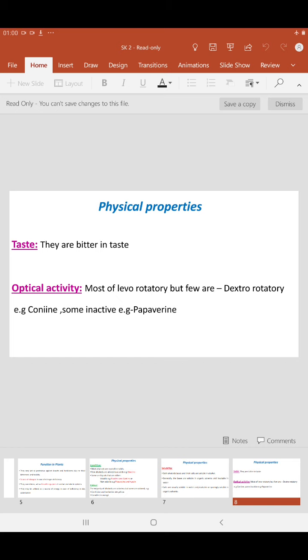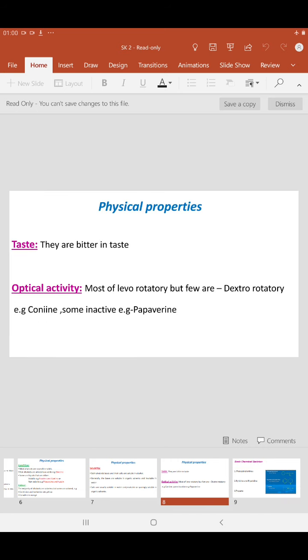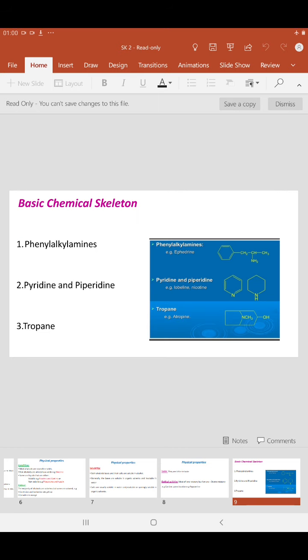Some other alkaloids are optically inactive, example, papaverine. If it is optically inactive, it means no chiral carbon is present in the papaverine. Optically active means a chiral carbon is present in the particular alkaloid.